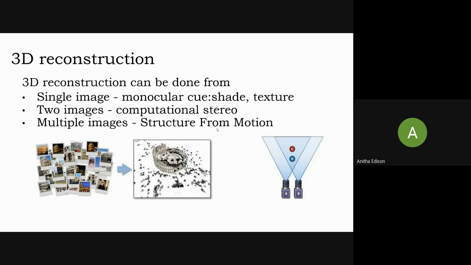Then there are multiple cameras or two images. We see using two eyes, and a human can identify the depth properties. Similarly, using two cameras or two images, the 3D structure can be reconstructed. That is called stereo vision. And from multiple images, the structure of an object can be identified, and that is called structure from motion. These are the prominently researched areas.